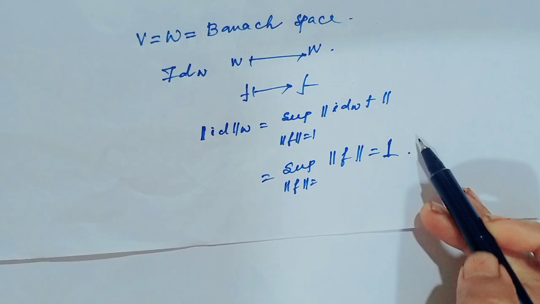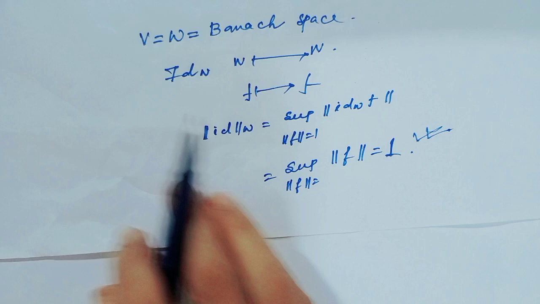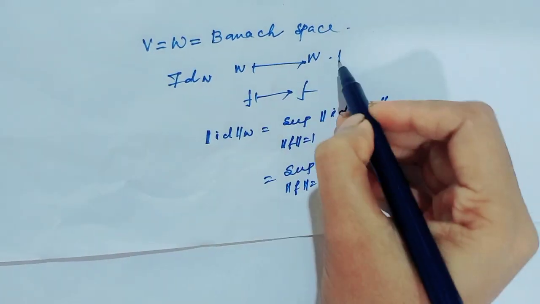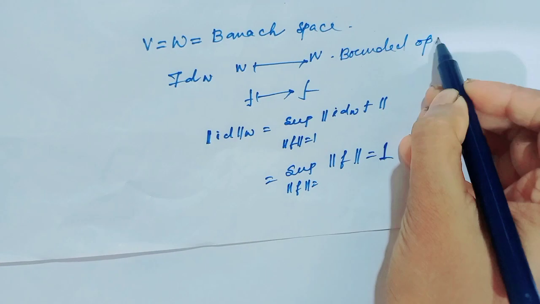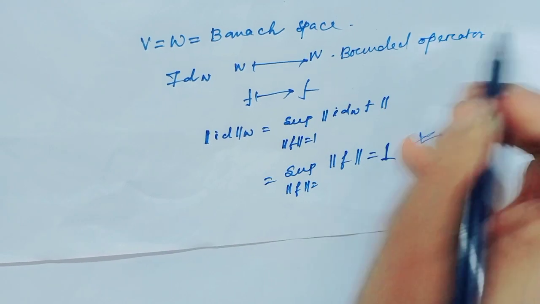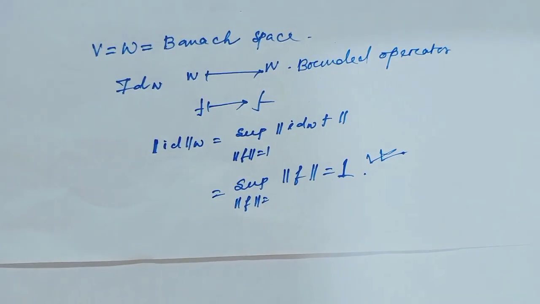Since this value is a finite number, obviously the identity operator is a bounded operator. I hope all my viewers have understood what a bounded operator is.